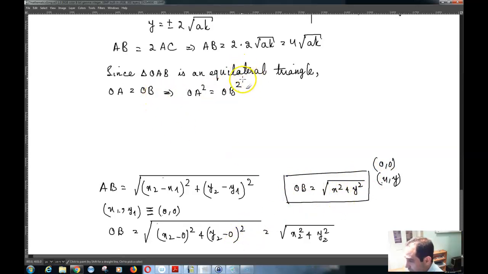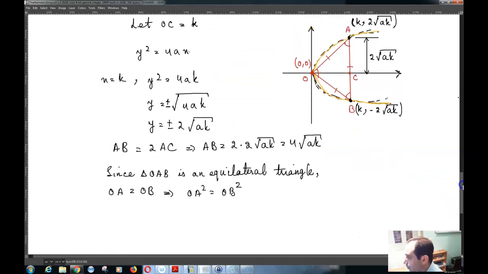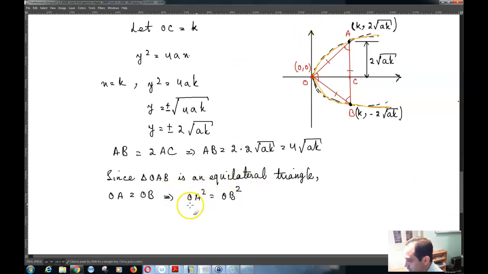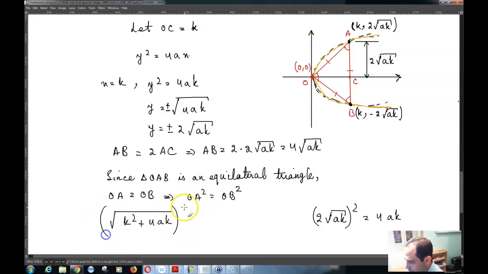So now what I'm looking for is this length OA squared. This is the coordinates of the point, so I can write the square root of x squared plus y squared. So that is the square root of k squared plus 2 times 2 square root of ak whole squared, which is going to be equal to k squared plus 4ak, and since I have to square it, I will square this whole expression.